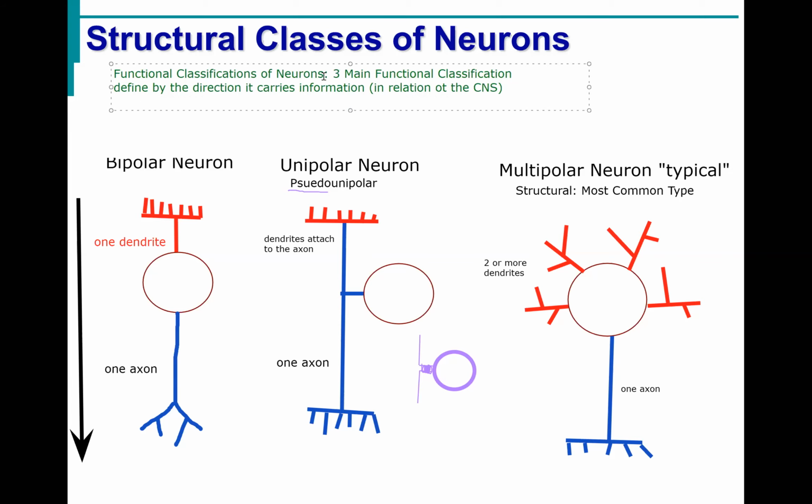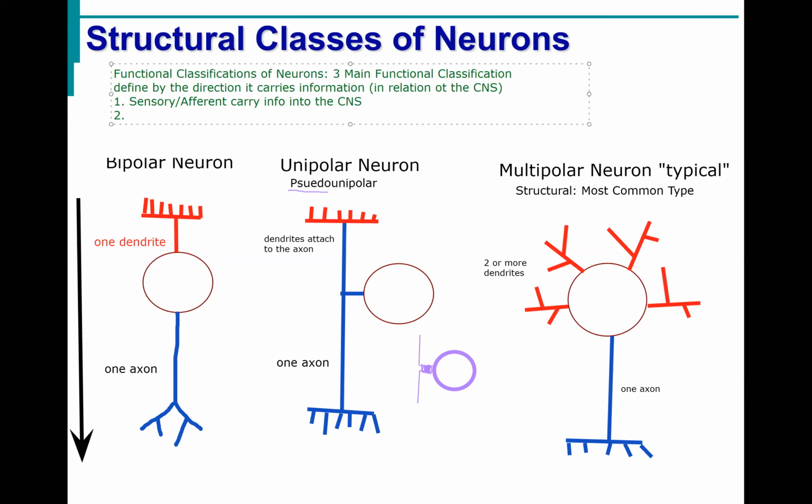Those three classifications are, not surprisingly, sensory, which we also called afferent, and they carry information into the central nervous system.